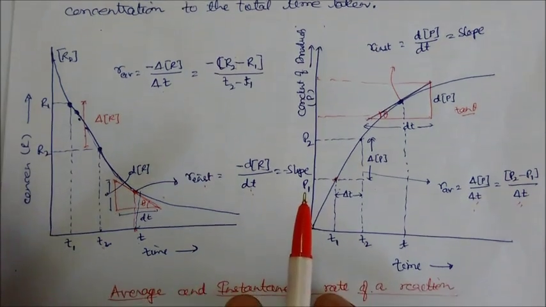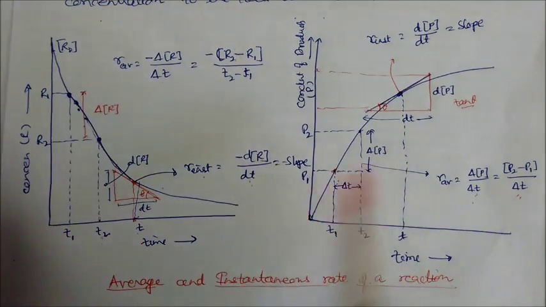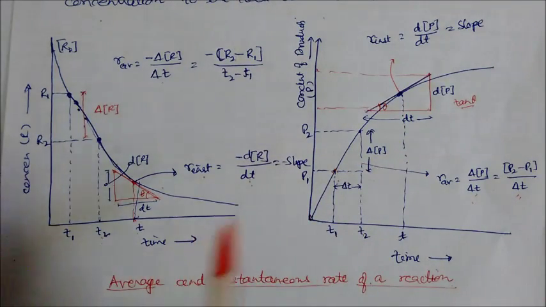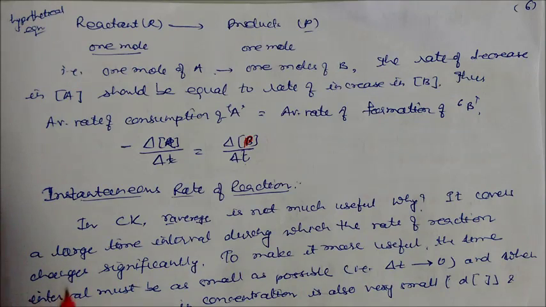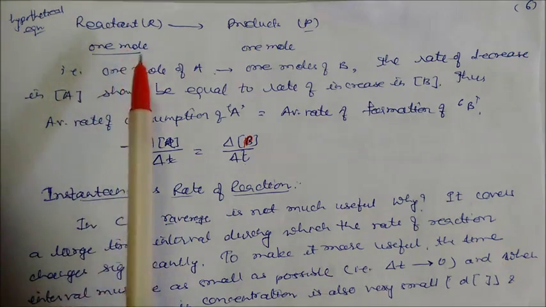Mathematically, I hope that you have studied these topics. So you can calculate tan theta, and in this way we can find the average and instantaneous rate of a reaction. Let us take one hypothetical equation to understand this concept more clearly. A reactant is converted into product.